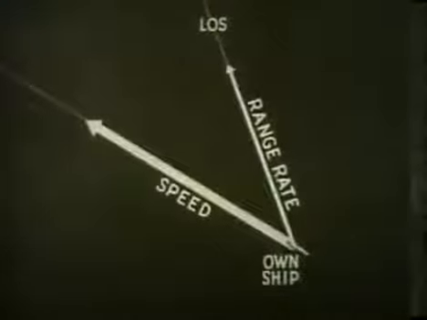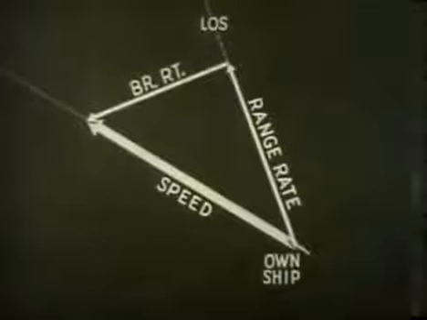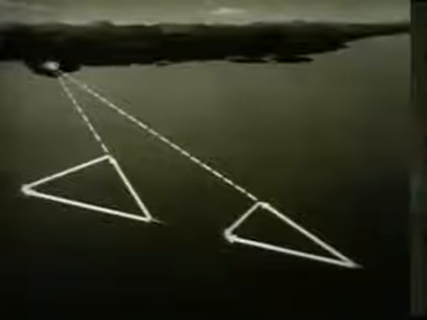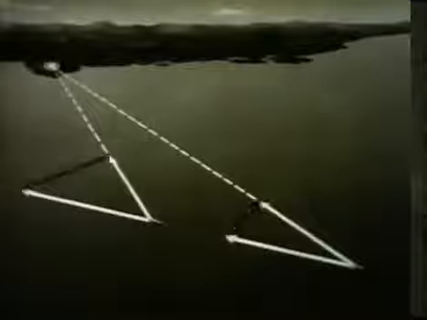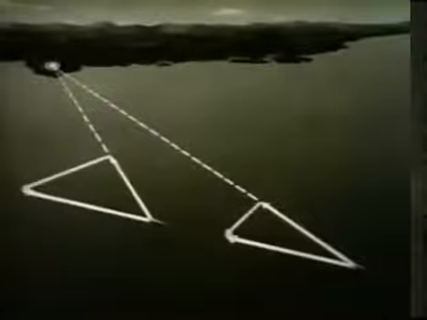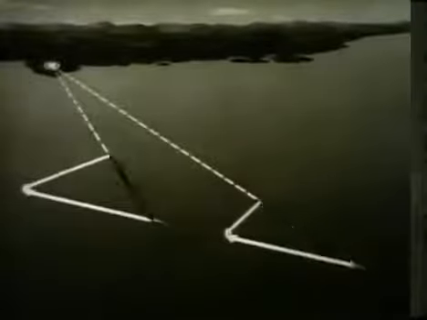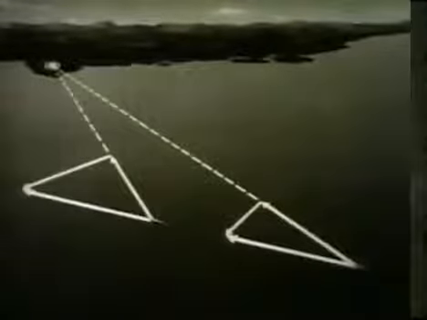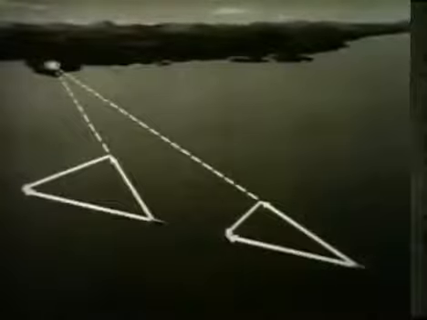The rate of change in target bearing, or bearing rate, is the component perpendicular to the line of sight. Comparing vector diagrams at 2 ship positions, the difference in the components of bearing rate, and also the difference in the components of range rate, show again how these rates may change, even though ship's course and speed are constant.